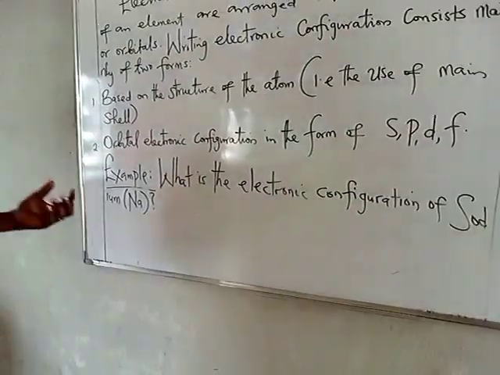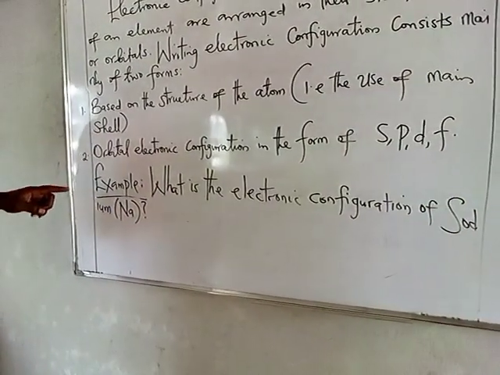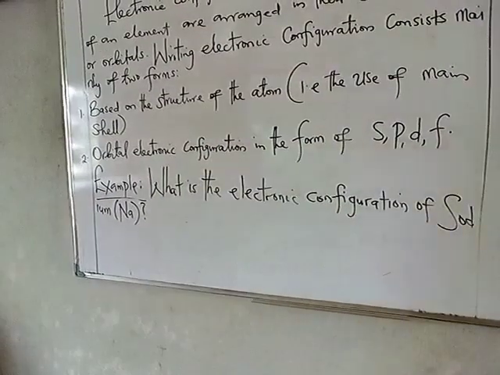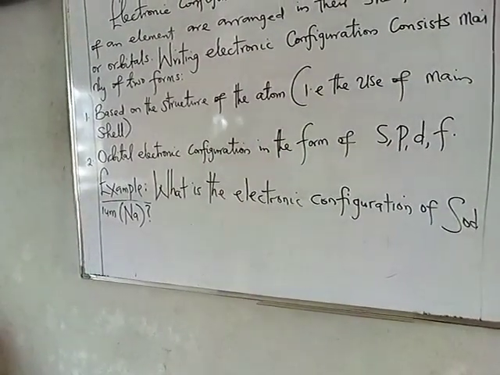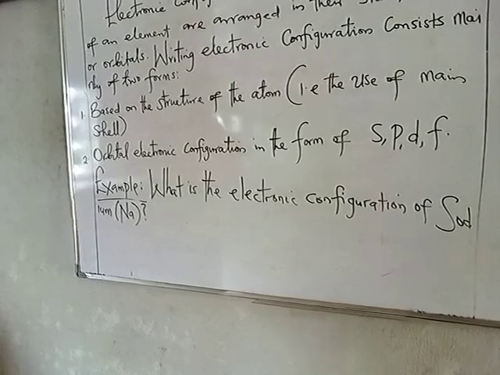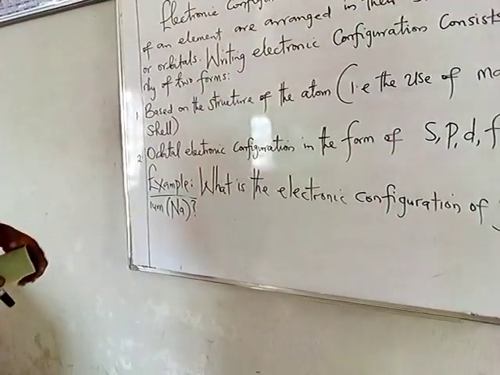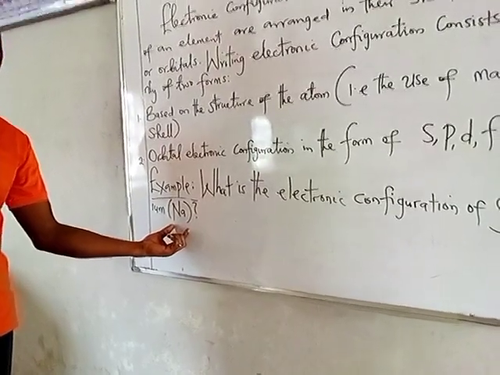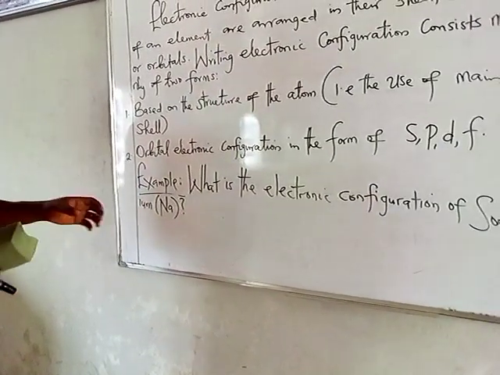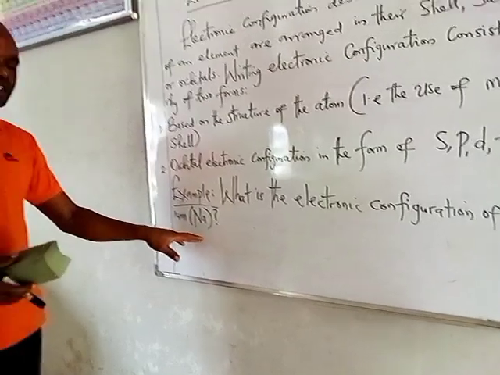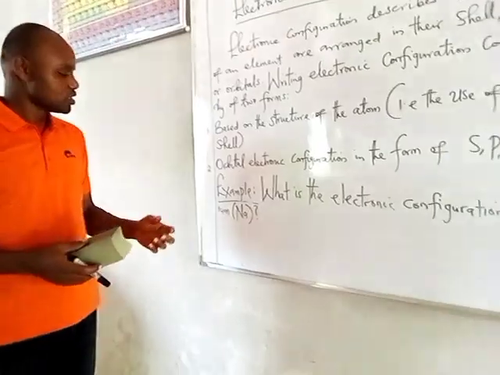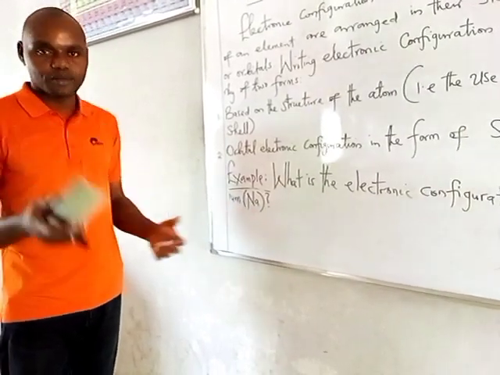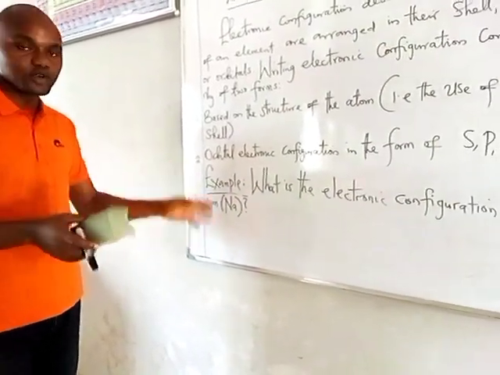Okay, now let's consider this example. The question says, what is the electronic configuration of sodium? Take note, if you look at this question, I had to put the symbol just for us to understand, which means it's very important that as a chemistry student, you need to know the symbol of each of the elements in the periodic table.